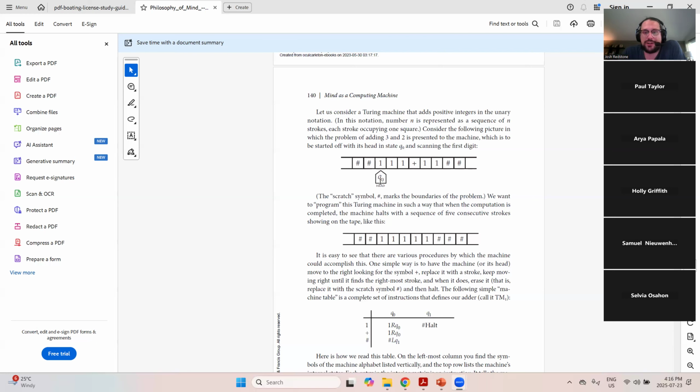And so we have our little machine head, which is in state 0. And we want to go from this to this. And all the machine head does is go one cell at a time to the right. It finds this plus symbol, writes in a 1, goes over here, skips here, writes in here, puts in a scratch symbol. So now instead of 3 plus 2, we have 5. That's it. That's all there is to it. That's how our machine adds 3 plus 2.